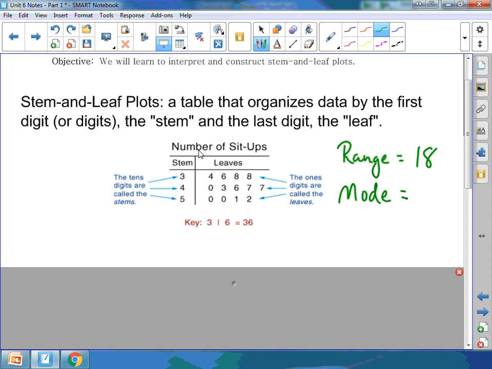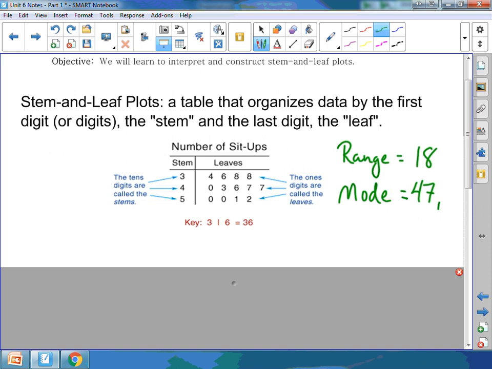Shows up more than once. Luke? Okay, so that 7 represents what total number, though, Luke? 4 and the 7, we call it 47. Okay, because this number is associated with its stem. So 47 is one of the modes.